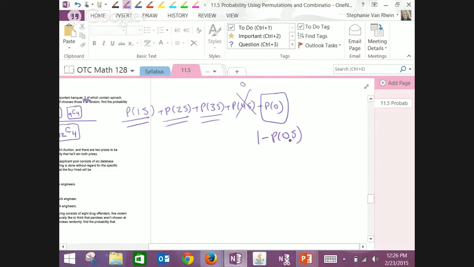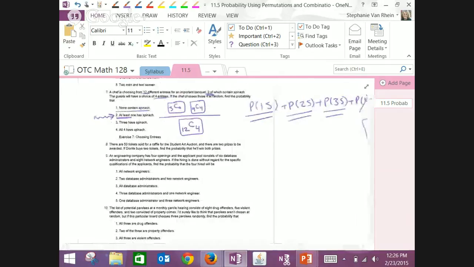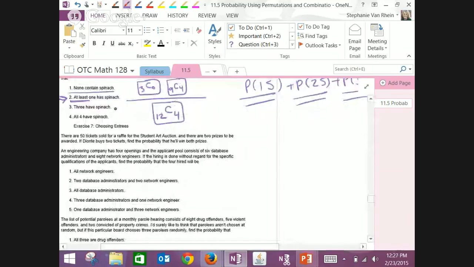You either have 0, 1, 2, or 3 with spinach. So you can find the probability 1 has spinach, plus 2, plus 3, or you can take 1 minus the probability 0 has spinach. You're going to get the same answer, because you only have 4 different outcomes. So you can do it both ways and check your answer. 3 have spinach is pretty straightforward.